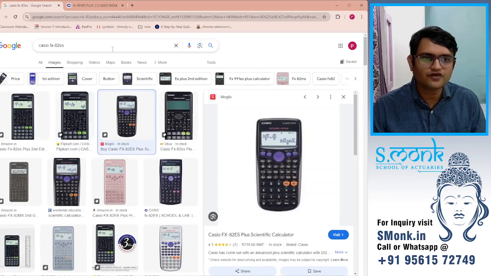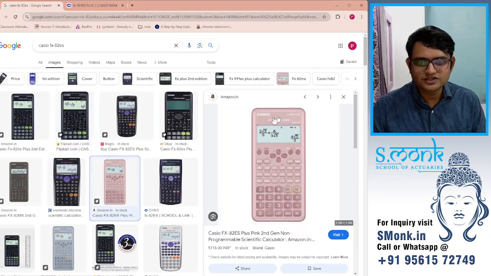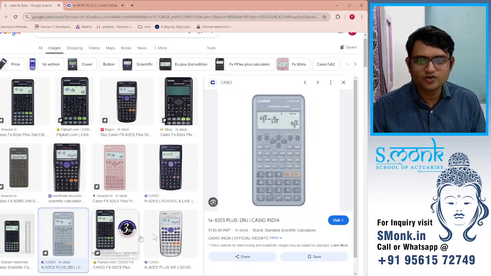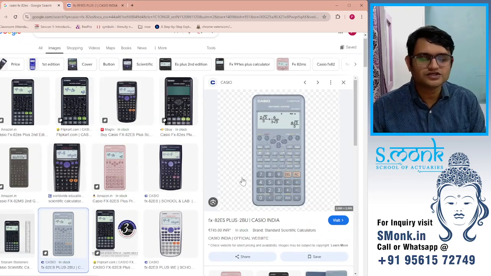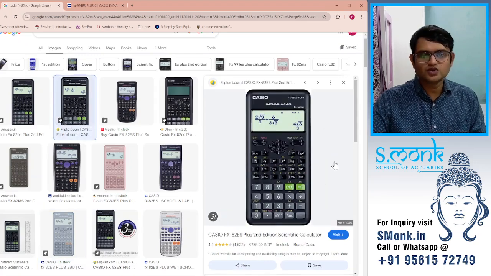The color was different from the 991. But here they have not even changed the colors. I think these are all available in multiple colors. There's pink, gray, and blue available. It does not matter. These are just aesthetics. So this is how the calculators look.